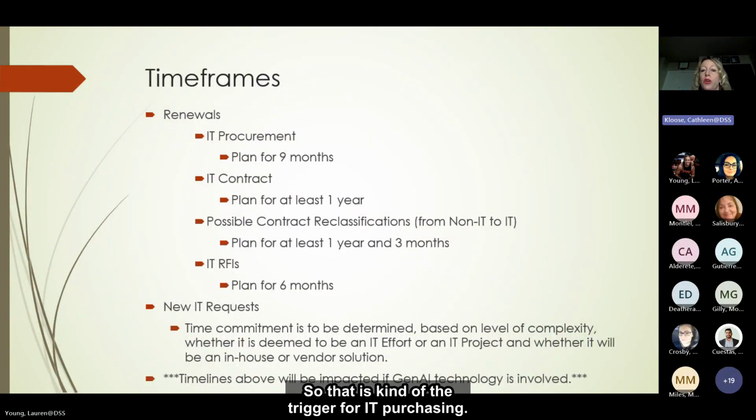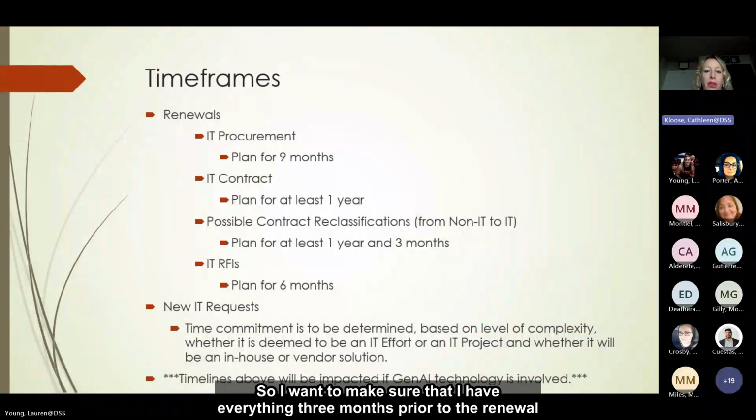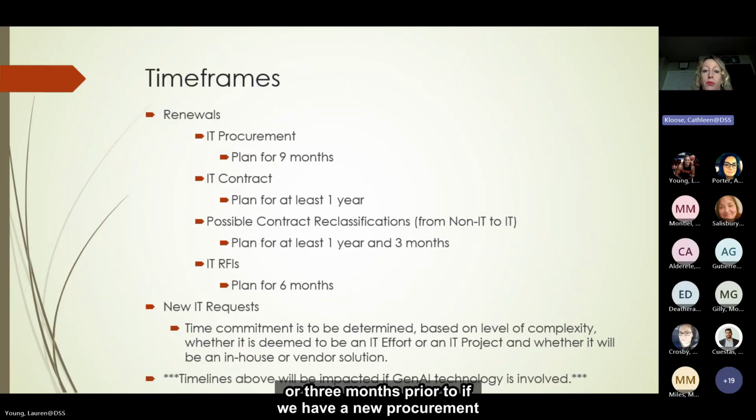That's kind of the trigger for IT purchasing. So I want to make sure that I have everything 3 months prior to the renewal, or 3 months prior to the start of a new procurement, for them to be able to process this. That allows ample time. And then for IT contracts, we want to plan on at least a year.